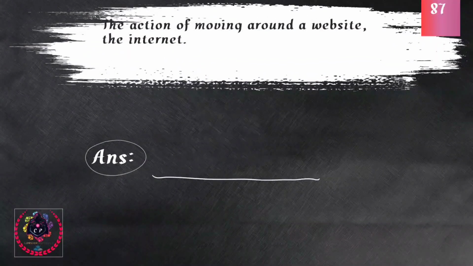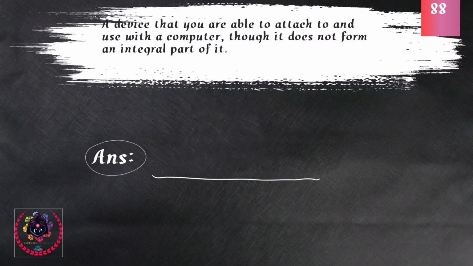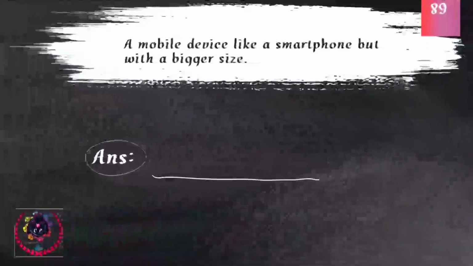Adding a file to an email is an attachment. The location for storing unwanted emails, determined by a spam filter, is Junk. The action of moving around a website is navigation. A device that you are able to attach to and use with a computer, though it does not form an integral part of it, is a peripheral.